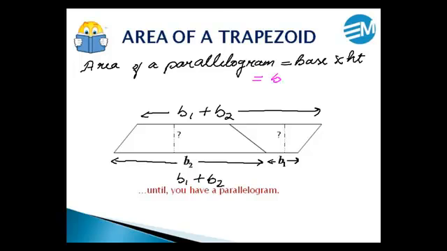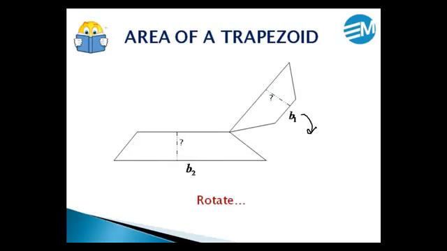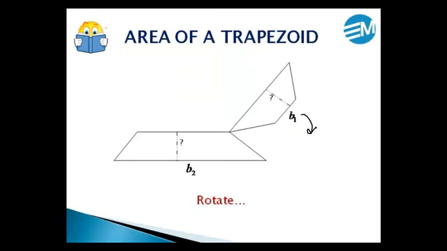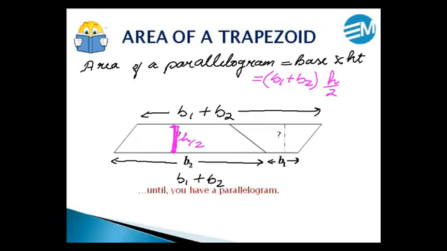So the height times B1 plus B2 — but the height here is H divided by 2, because we divided the height into two parts. Remember, this is H by 2 and this is H by 2. So from here, we have the formula.